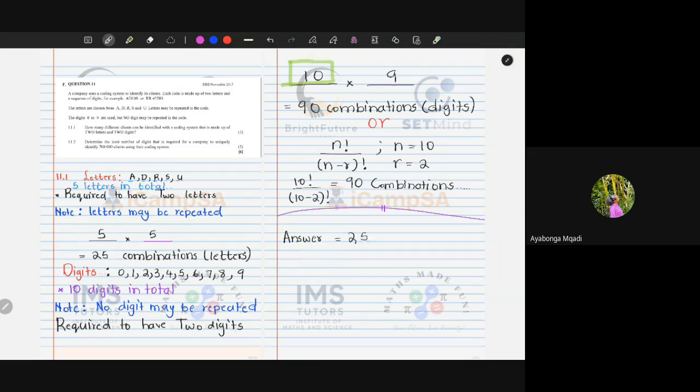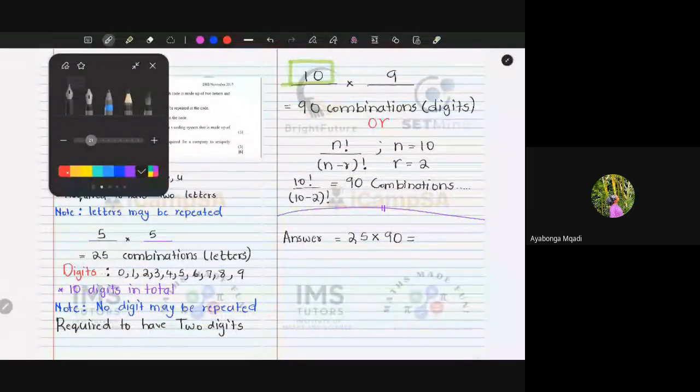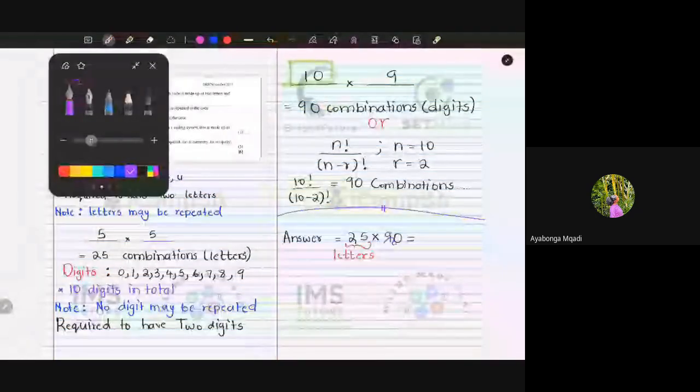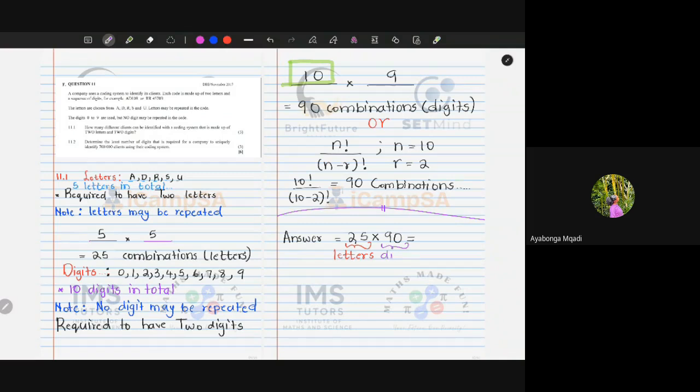So we have 25 multiplied by 90. What is this going to be, guys? The 25 is for letters. And the 90 is for digits.